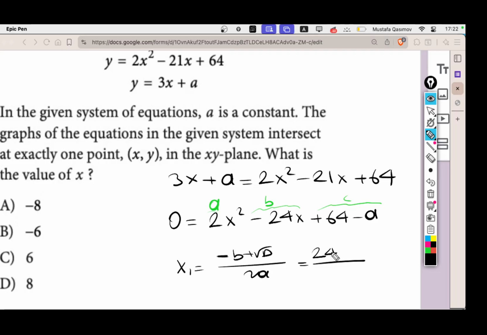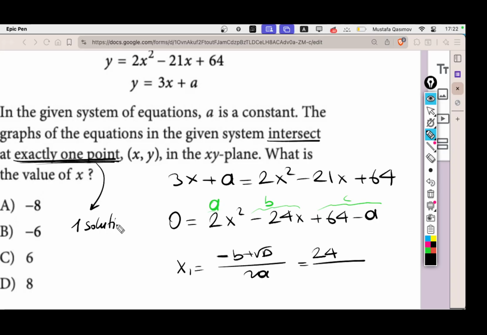What's your opinion? It's a little bit complicated actually. Yeah, 24. No, don't think like that. Look here. Exactly 1 point. So it is an intersection point, and an intersection point means that it's actually one solution.